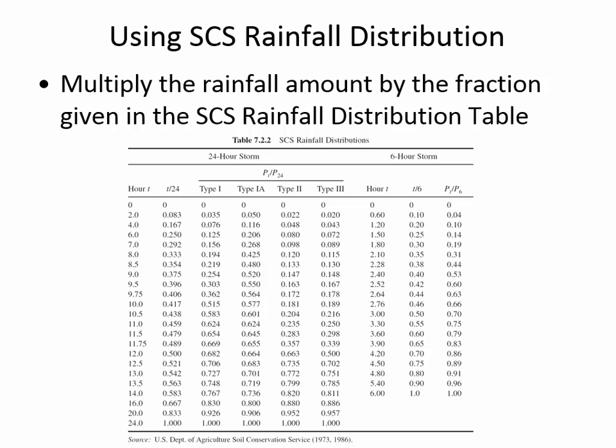You know, from hour 0 to 2, if we're a type 2 area, you'd multiply the rainfall depth by this, so that at the end of the storm, you're at 100% of the rainfall depth. And before that, it's telling you what fraction of the rainfall depth has occurred up to a certain point. So this is the data table that's sort of behind the temporal distribution. And there's also 6-hour storms where you can compare the behavior of the watershed if you have a short duration storm versus a longer duration storm.